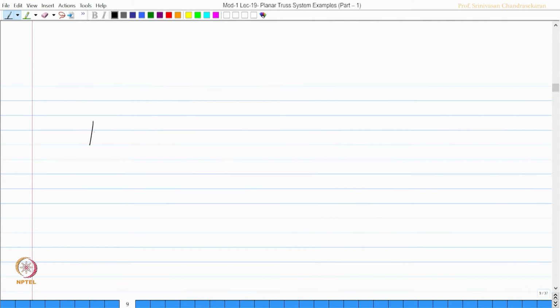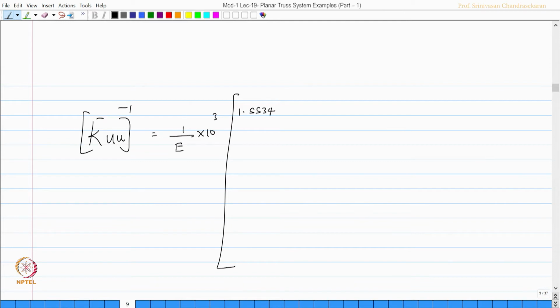Now, I find k u inverse, which will be 1 by E 10 power 3, 1.5534, 0.4628, 1.1319, minus 0.3372, 0.6995, 0.3372, minus 0.1005, 1.5534, minus 0.4628 and 0.6995.